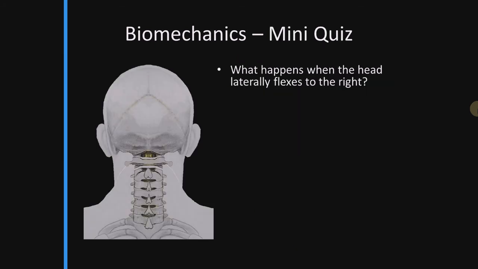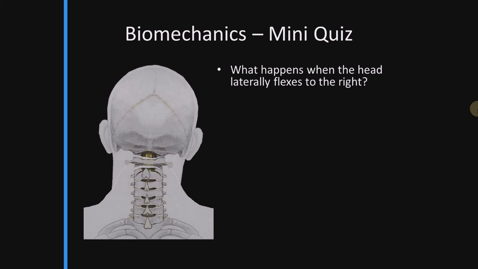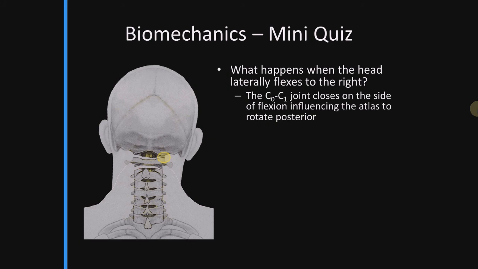So when looking at the biomechanics in total, what happens when we flex the head laterally to the right? You can observe that we close the occiput C1 joint on the side of flexion, which will compress the larger posterior mass of the atlas and encourage it to move or rotate more posteriorly.